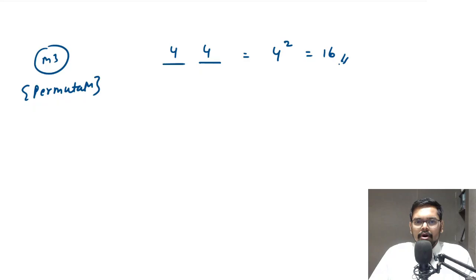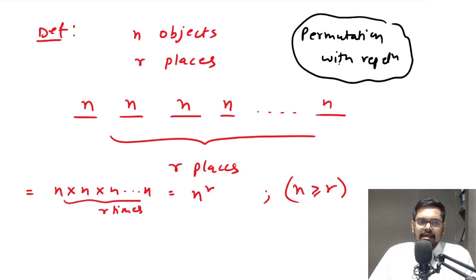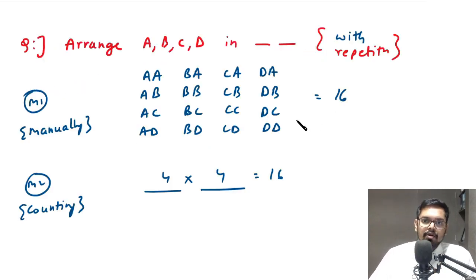And I guess you got a pretty good idea that the definition works in this way: if you have n objects and r places, like first place, second place, third place, fourth place, up till the r-th place, and you want to place n objects in those places where repetition is allowed, like we wanted to place these letters on this first blank. So we had 4 choices.